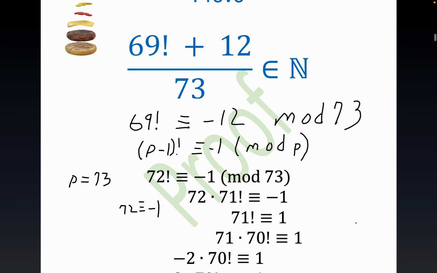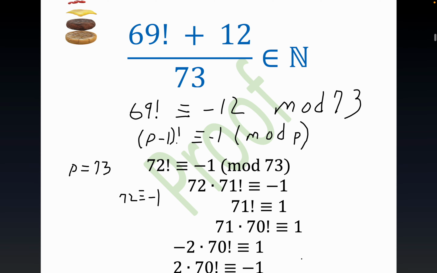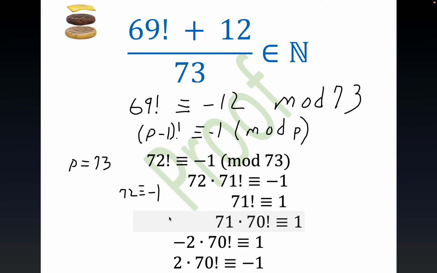In a similar fashion, we rewrite 71 factorial as 71 times 70 factorial. And once again, you can see that 71 is congruent to negative 2. Congruence is the modular arithmetic notion of equality.